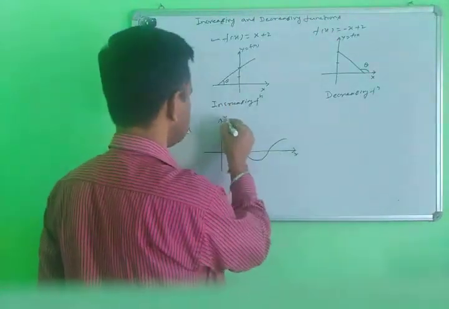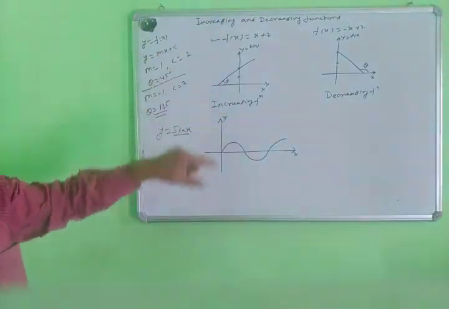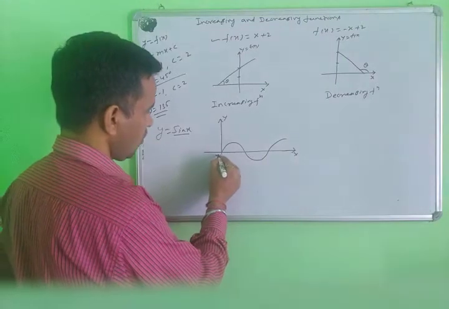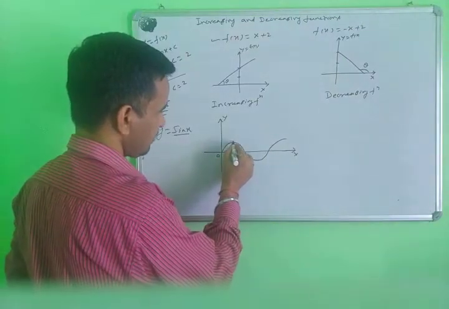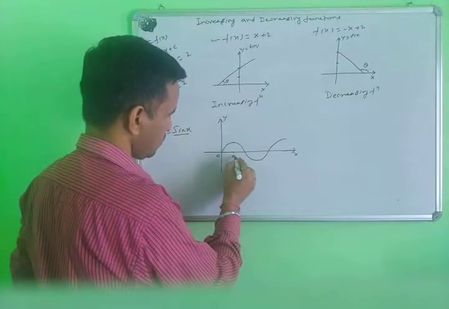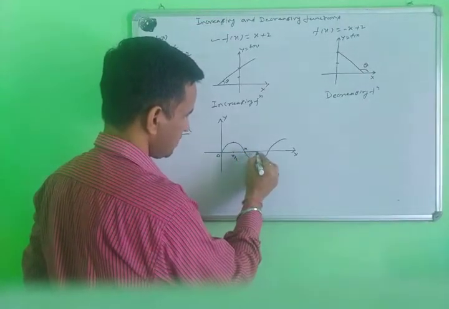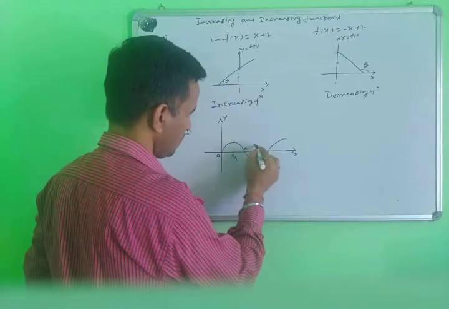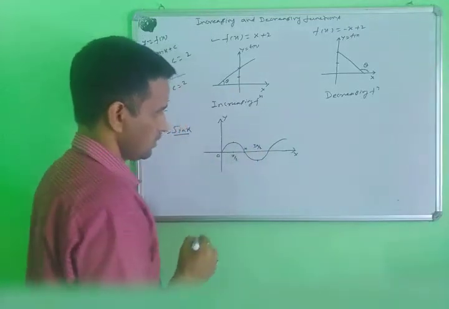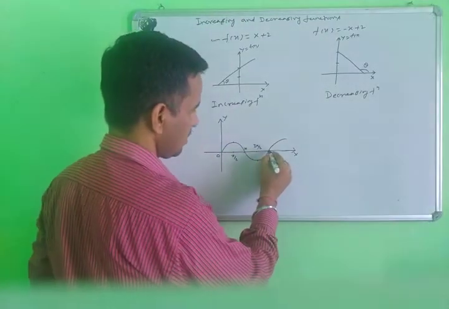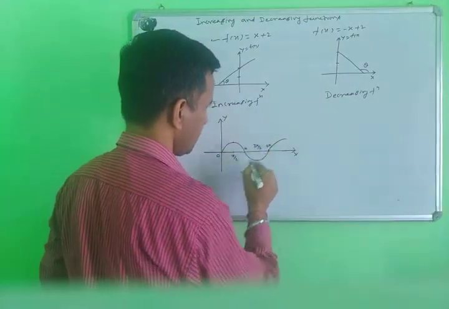This is the y-axis. Now look here, this is the graph of sin x. This point is 0, the peak point is pi by 2, this point is pi, this point is 3 pi by 2, and this point is 2 pi.